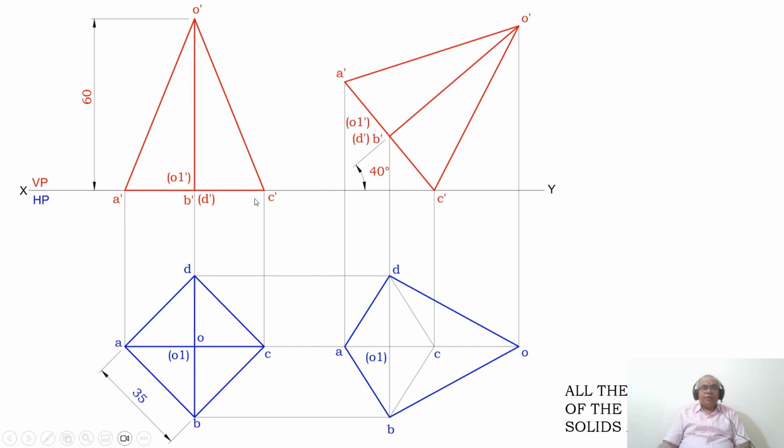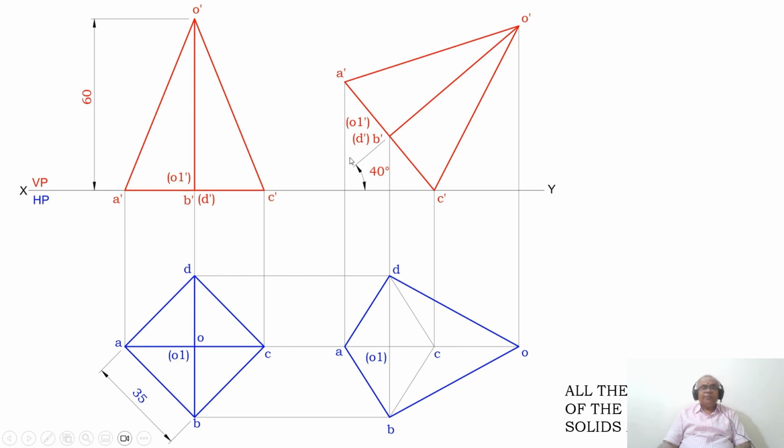Then by using the compass with C dash as center, take the radius of C dash A dash and transfer it on the second position of the front view, and you mark this point as A dash. Similarly, from C dash of the initial position of the front view, you measure the radius of C dash B dash, and from C dash of the second position, transfer it on that A dash C dash line.